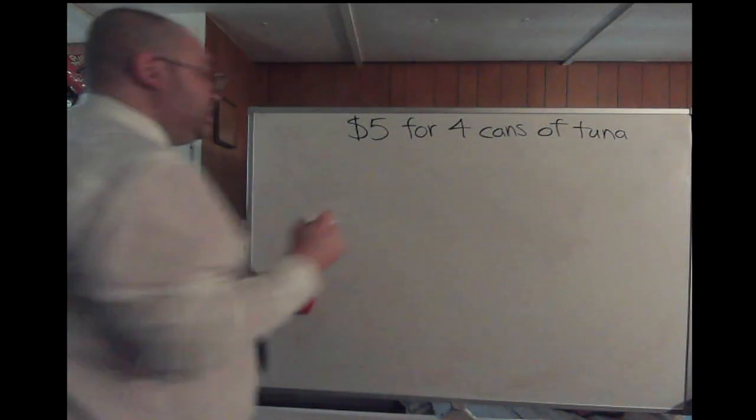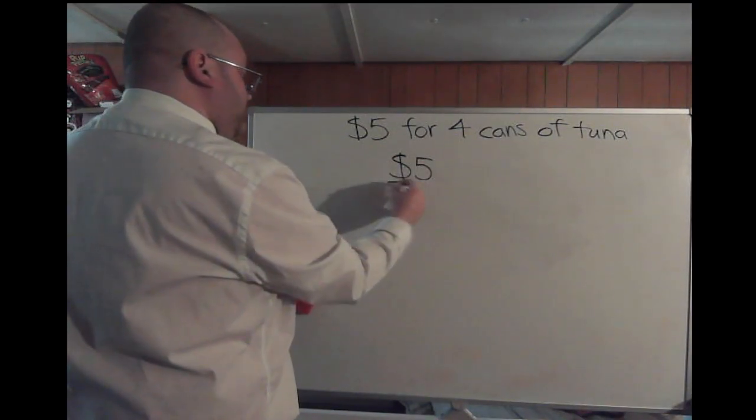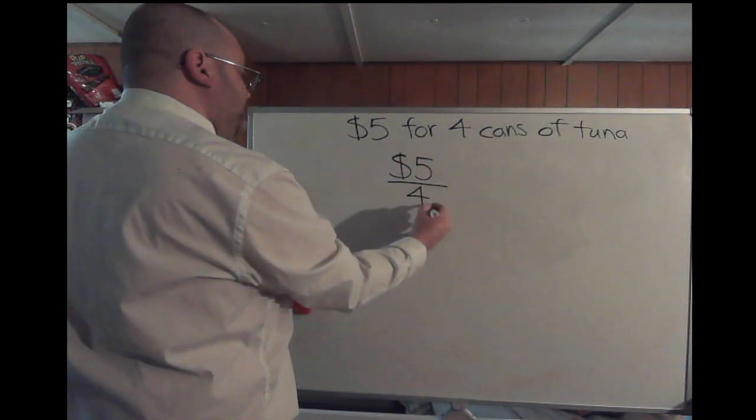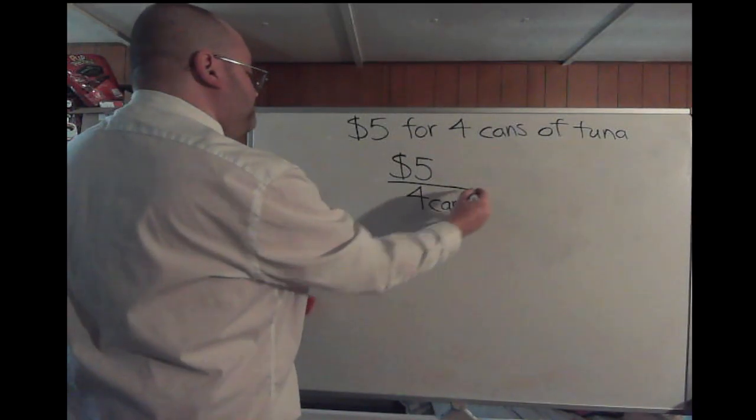Okay, well, that would be in the ratio of $5 to 4. $5 for 4 cans. That's what the ratio would be.